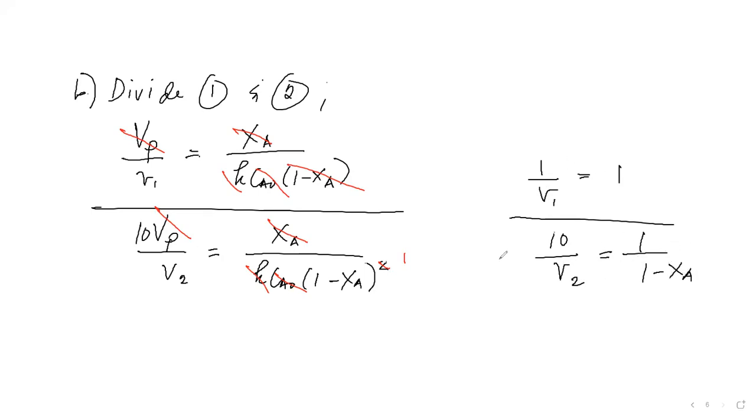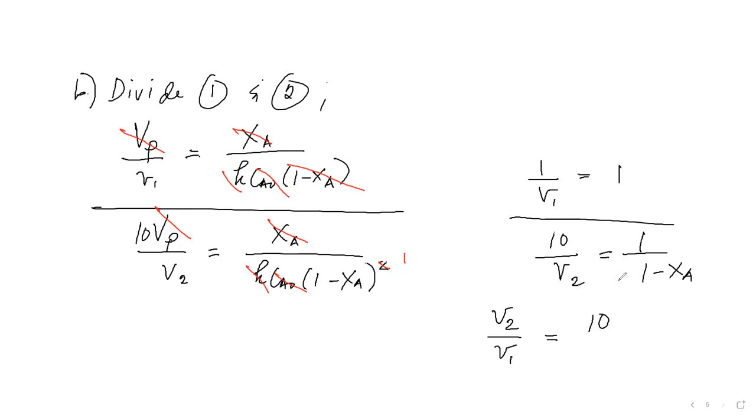I will transfer the V2 on top, so V2 over V1 is equal to, we can place the 10 there, and V2 goes up.